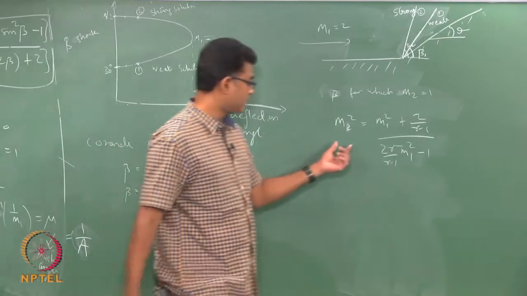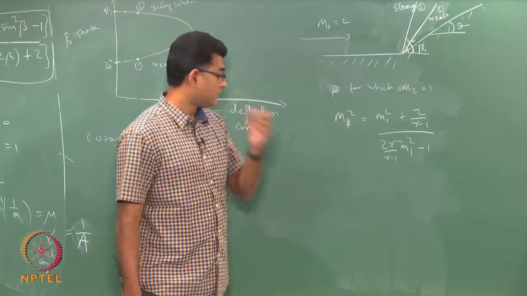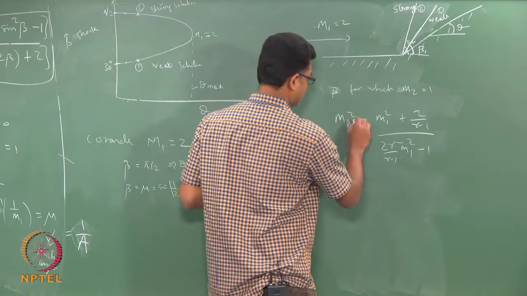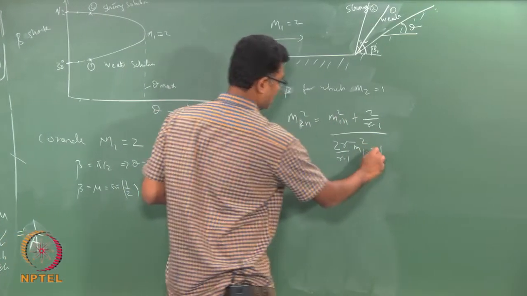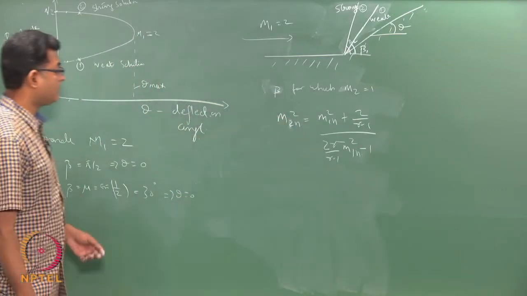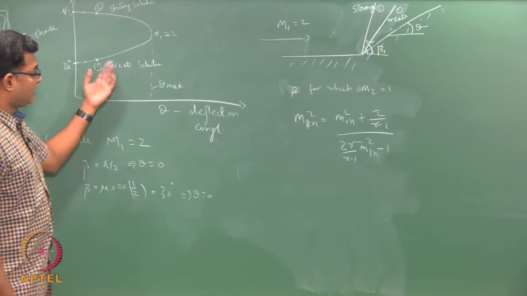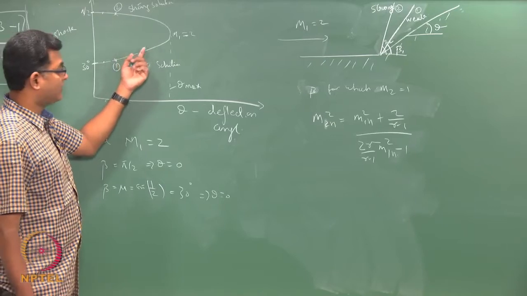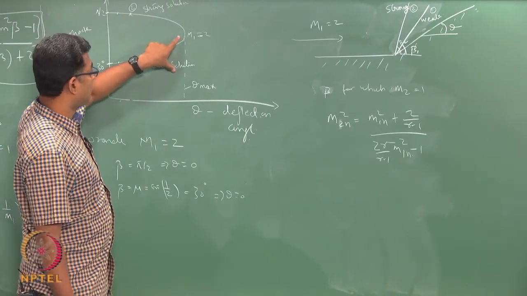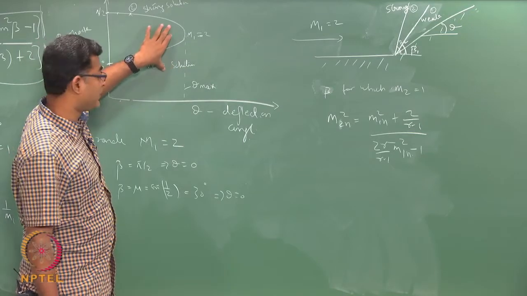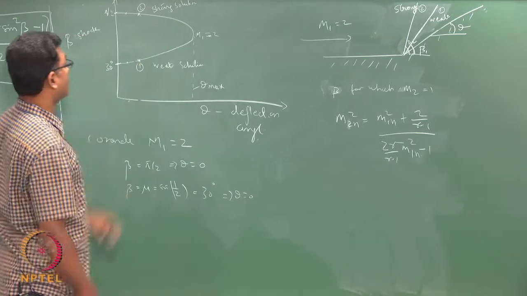So, I substitute, this would be n, substitute the appropriate number for what would be the beta, that would give me the M2 equals 1 condition here. Okay.